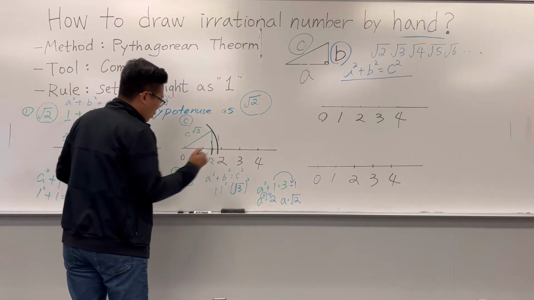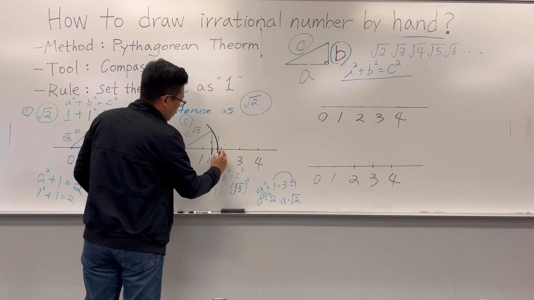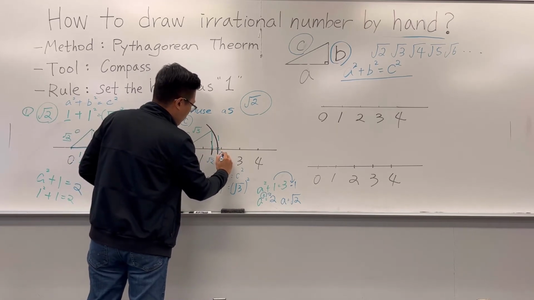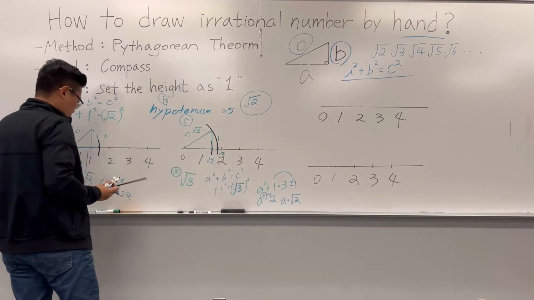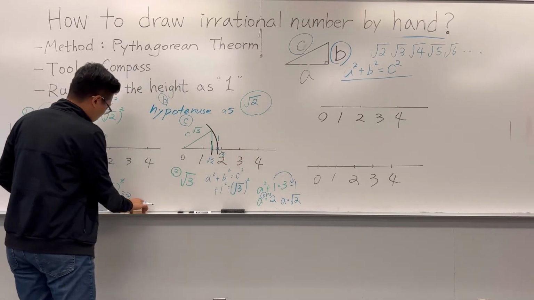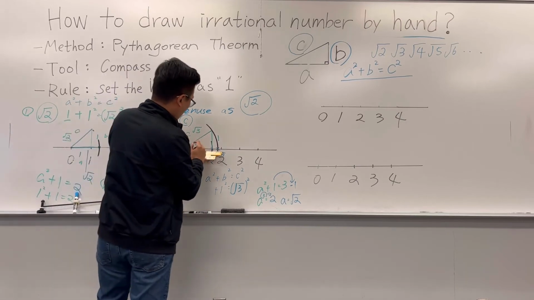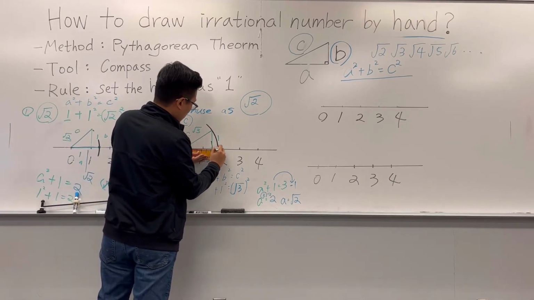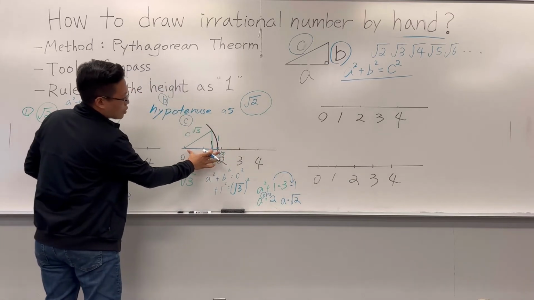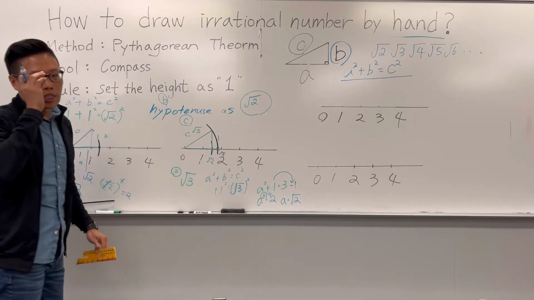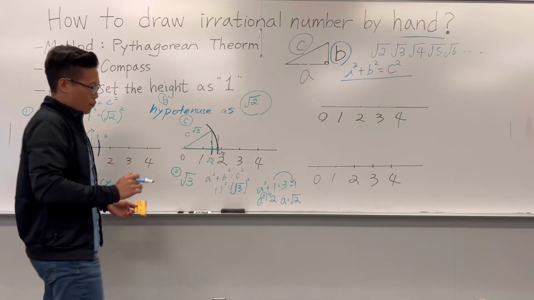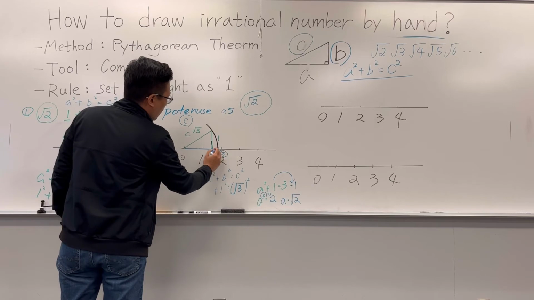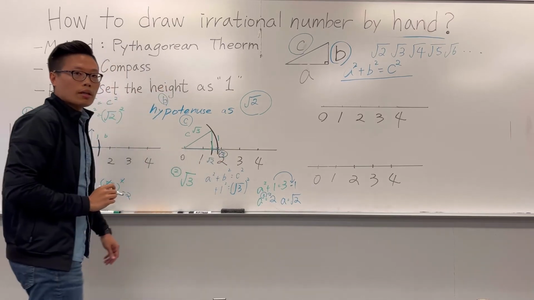This point is also the square root of 3, right? Now I get the blue line for you. This blue line is exactly the square root of 3. That's how I get the square root of 3 by hand. Okay?